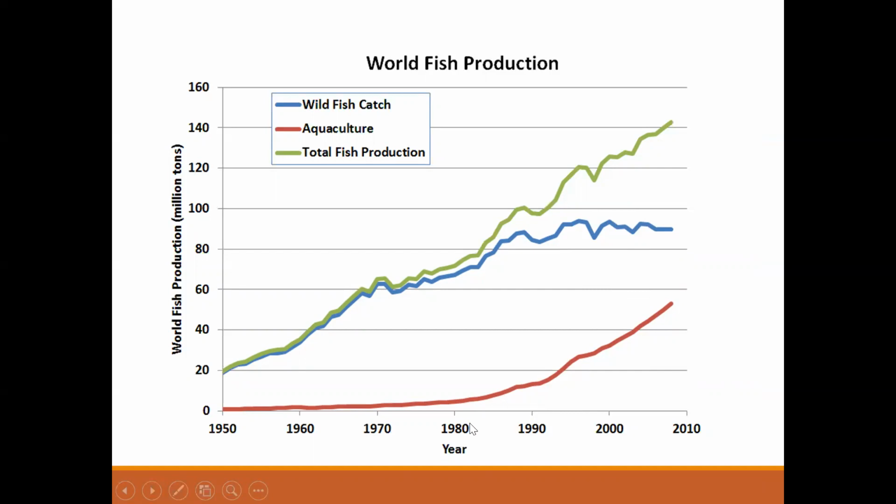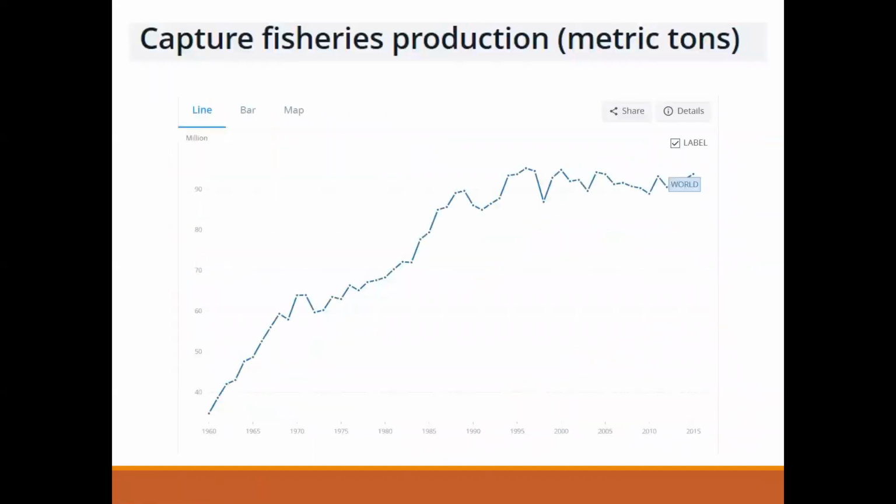So you're seeing this huge increase in aquaculture, and that is what is accounting for the increase in total fish production. But our wild fish catch has actually leveled off, and that's because we have massively started to overfish our fisheries. So we're not able to catch as many fish as we once were.